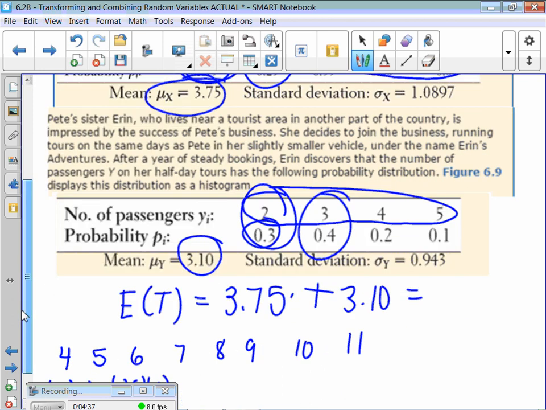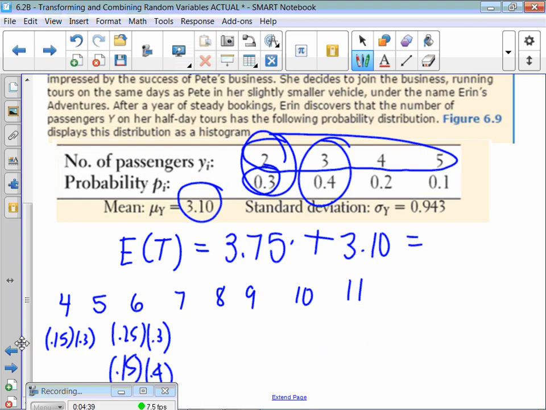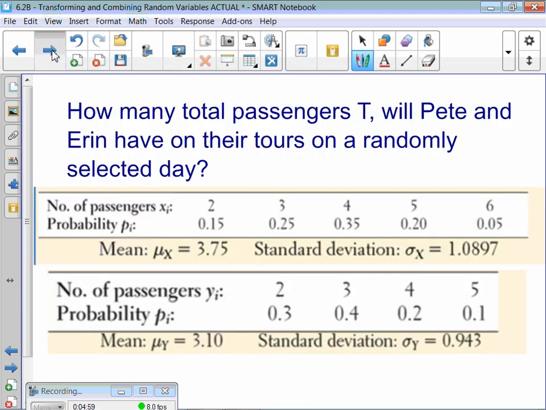Those are the mean number of passengers on any given day. Add them together, and we get 6.85. There's the average number of passengers between both of them. Okay? So do it the easy way and just add the means. Makes more sense. A lot faster.